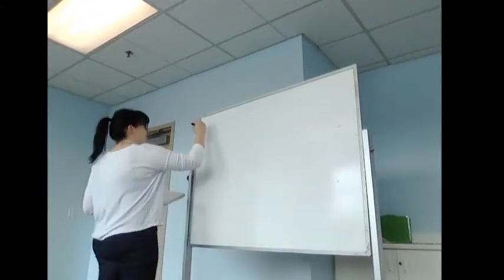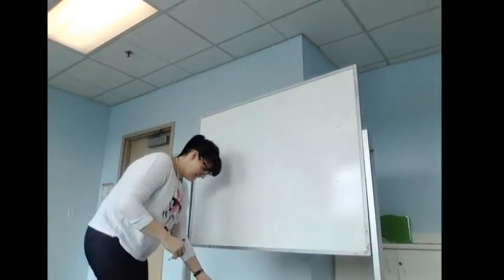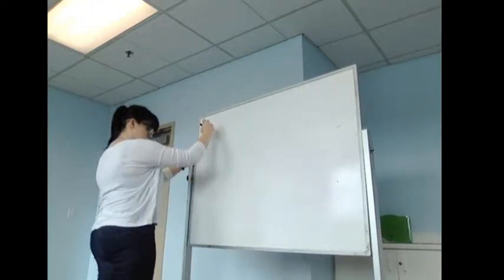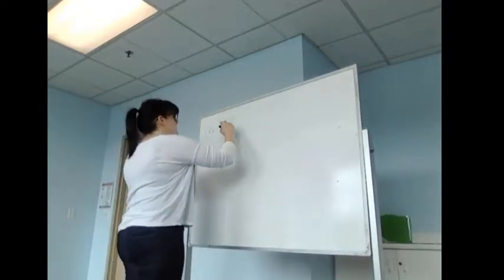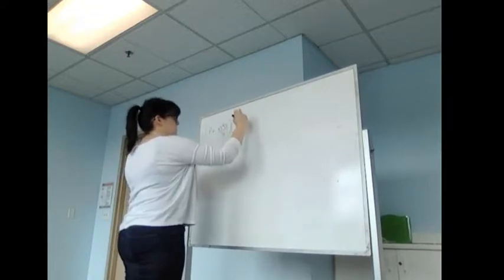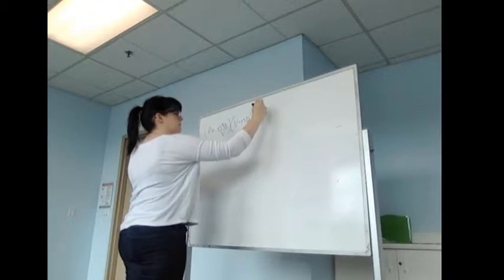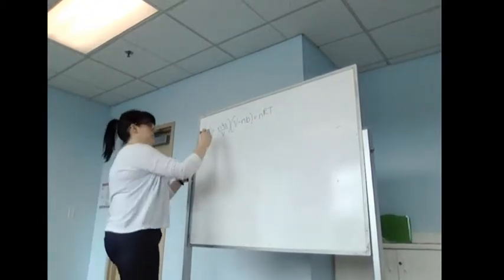So you have (P plus n squared a over V squared) times (V minus nb) equals nRT. So let's FOIL this out.